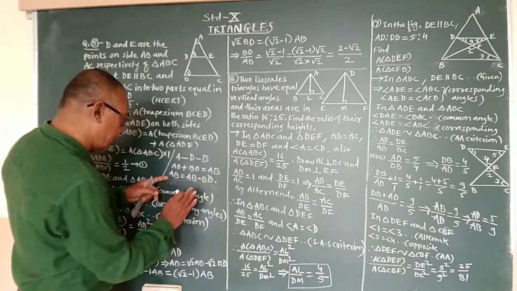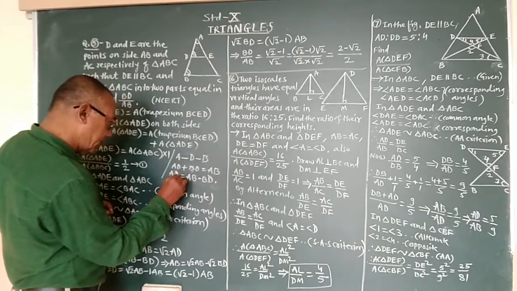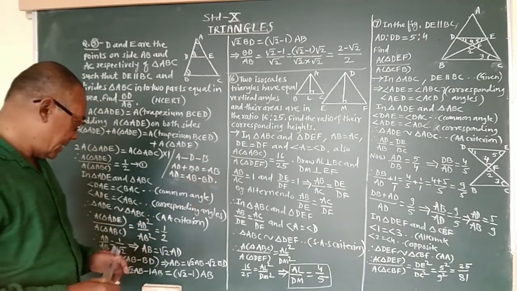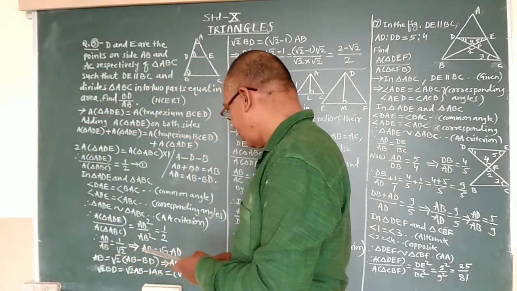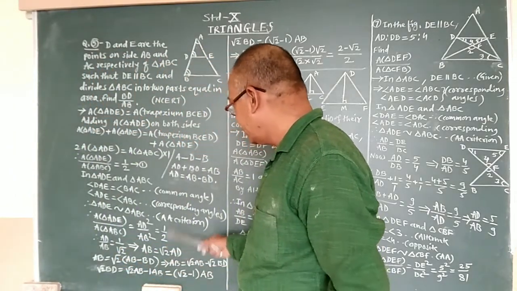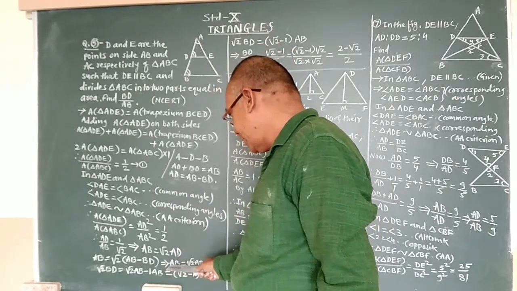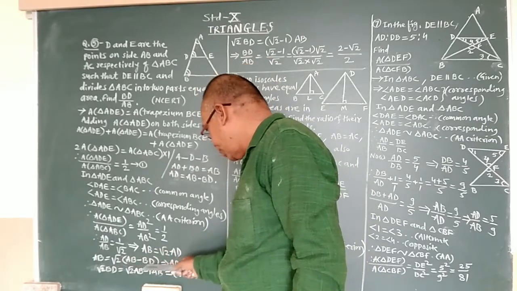AD is equal to AB minus BD. And now here we will substitute the value of AD, that is AB minus BD. We will get AB is equal to root 2 AB minus root 2 BD.